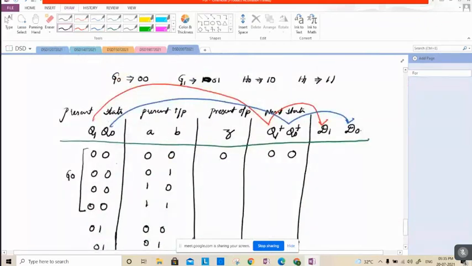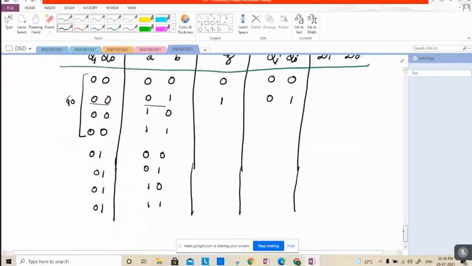Now for this, whenever it is 0 0 and 0 1, what will be the next state? 0 1. What will be the output? 1. Whenever it is 0 0 and 1 0, what is the next state? 0 1.